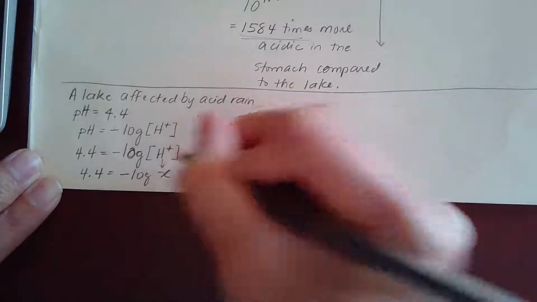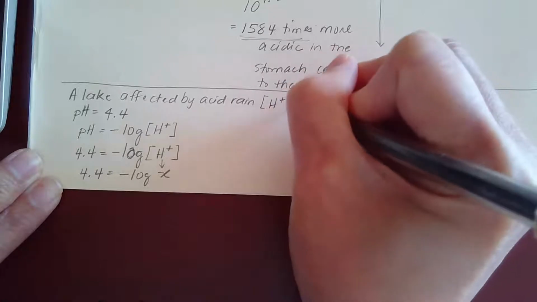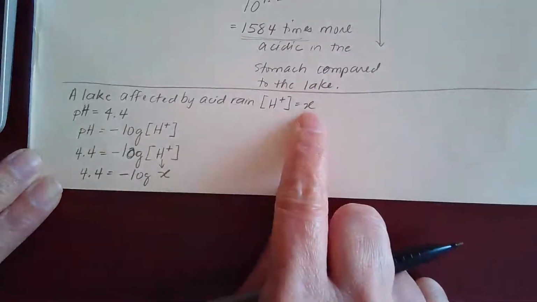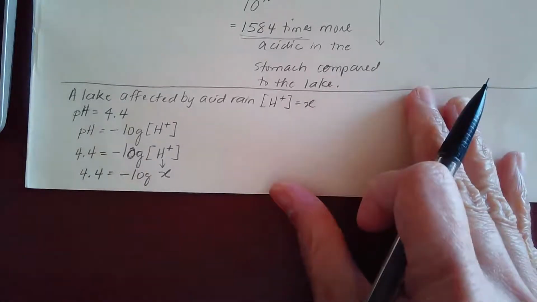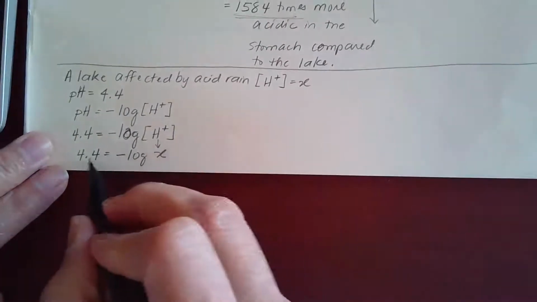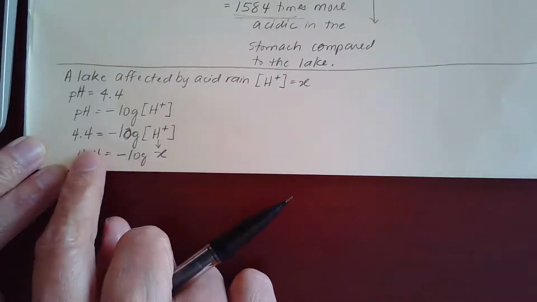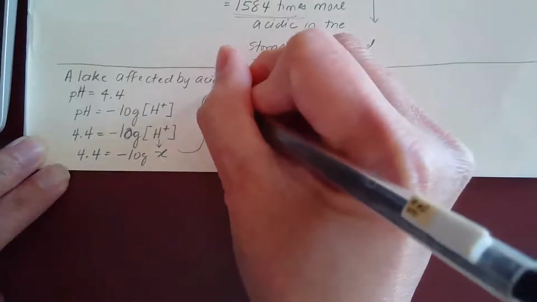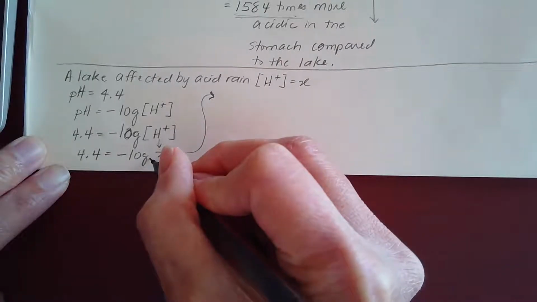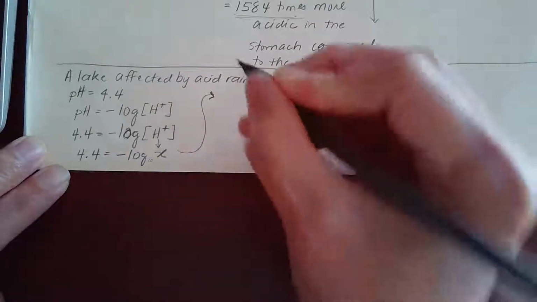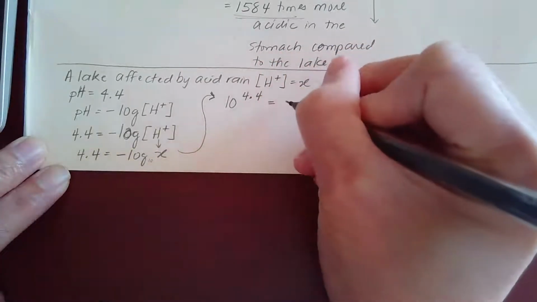So we're just going to assign H plus a variable x, because we don't usually see H plus in our equation. So how do we figure this out? In the logarithm, we can change that into an exponential function. Remember this is a common log, so this is base 10.